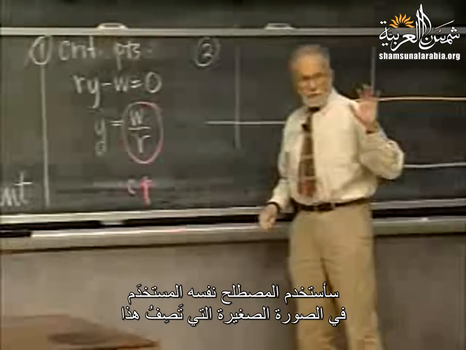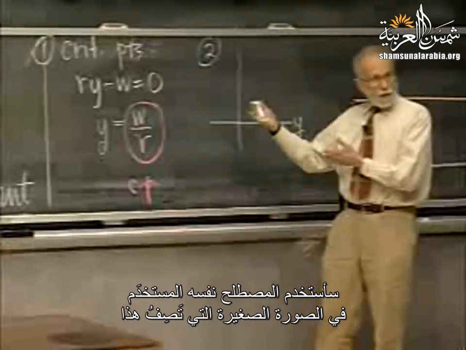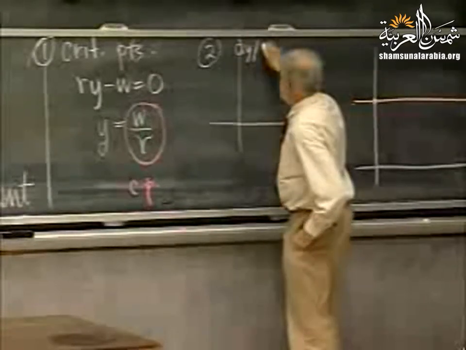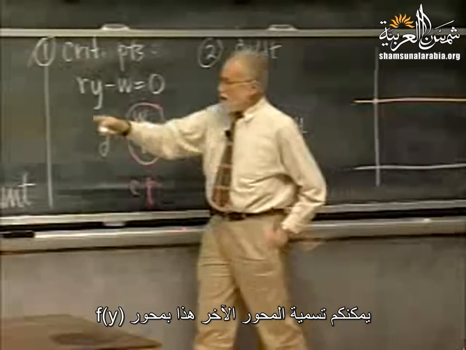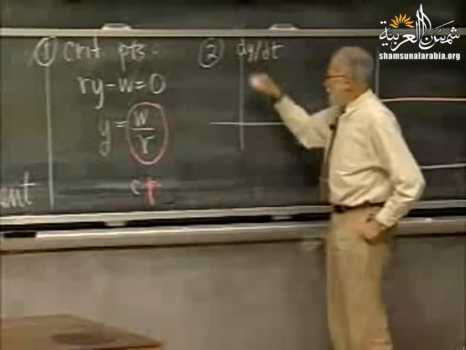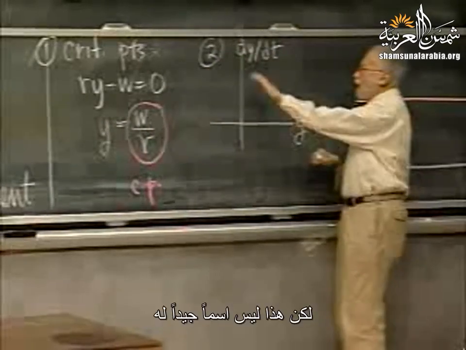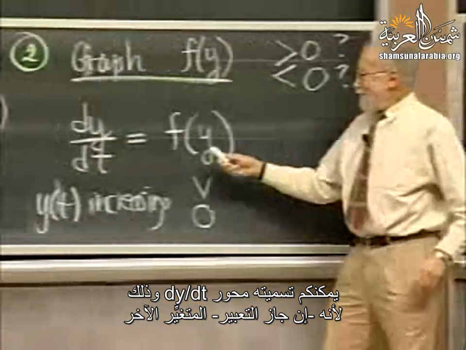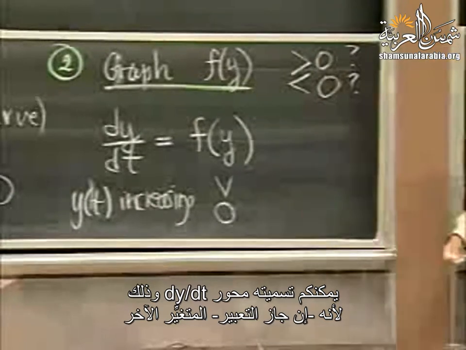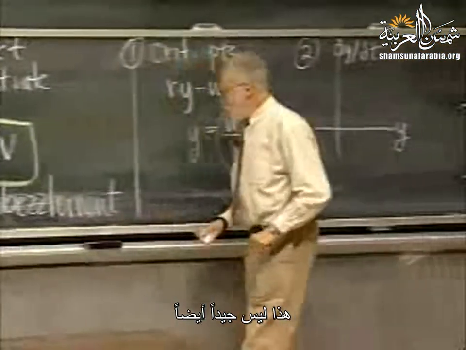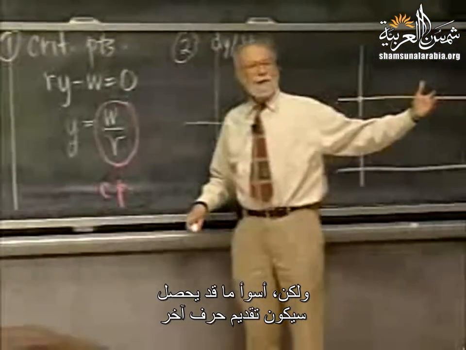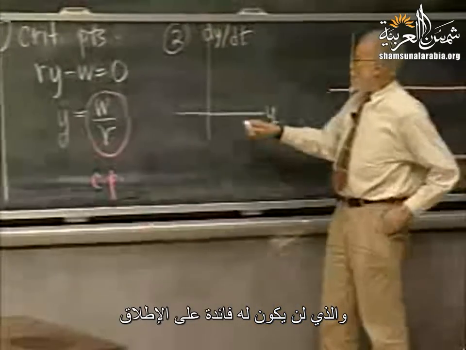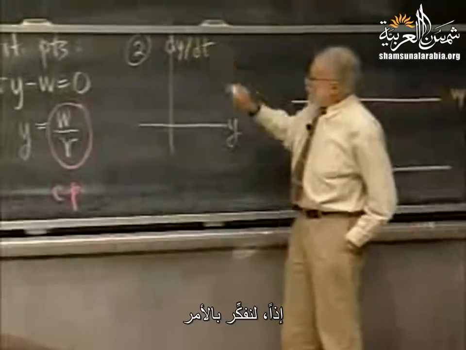I'm going to use the same terminology that's used on the little visual that describes this, and that's dy/dt. You could call this other axis the f of y axis. That's not a good name for it. You could call it the dy dt axis because it's, so to speak, the other variable. That's not great either, but worst of all would be introducing yet another letter for which we would have no use.